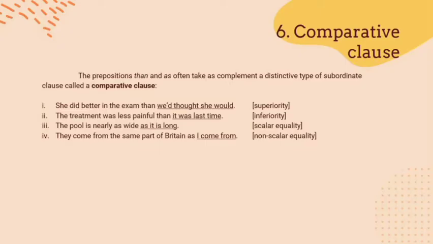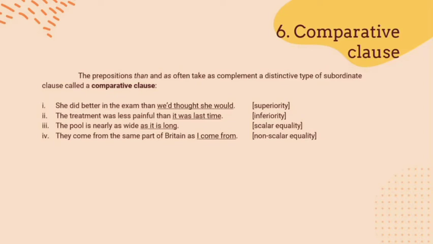Next, comparative clauses. The prepositions than and as often take as complement a distinctive type of subordinate clause called a comparative clause. Let's see the examples. One: She did better in the exam than we thought she would. It is superiority.